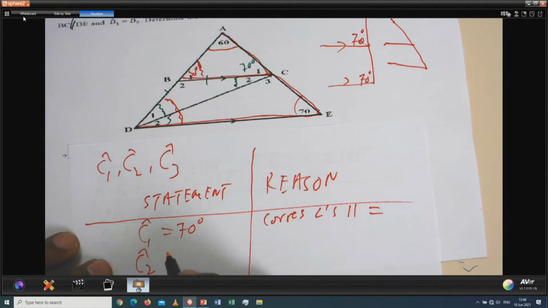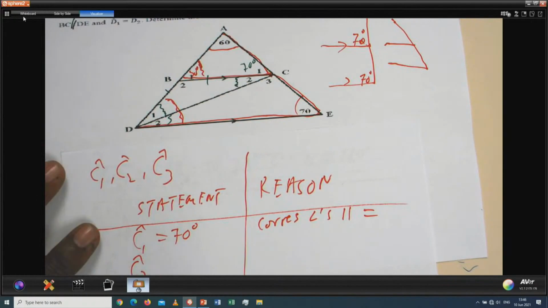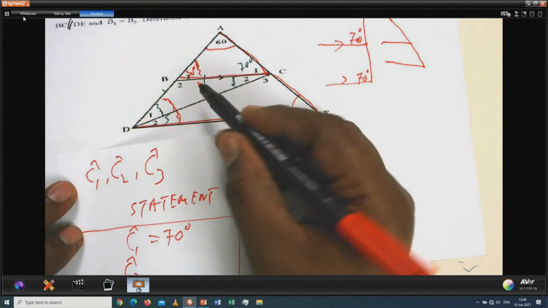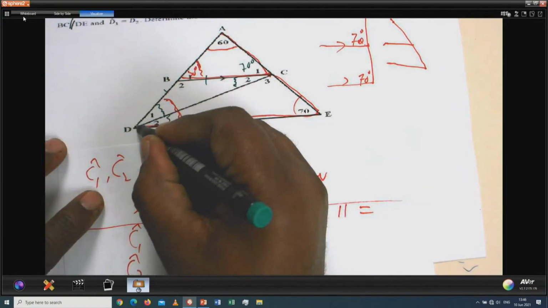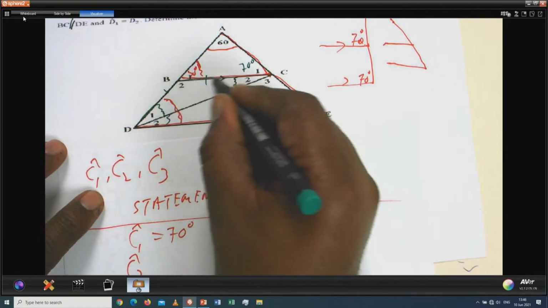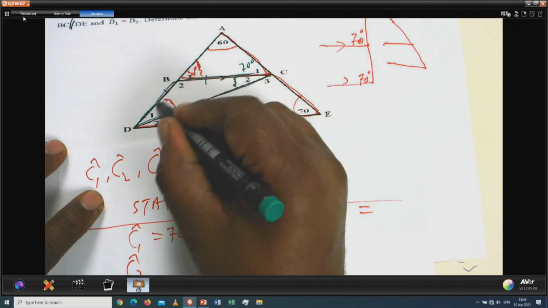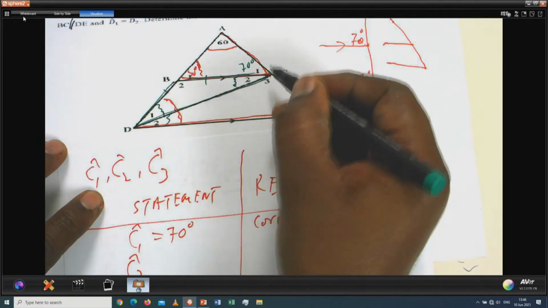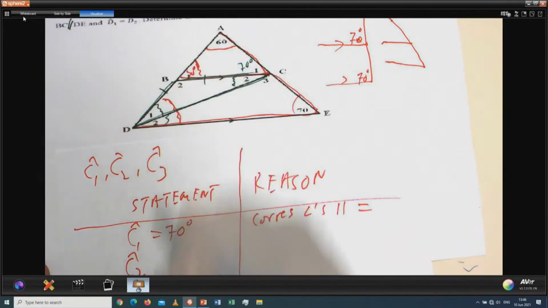C2. We go to the figure. Where is C2? C2 is in this triangle. That's how you do this. And then the relationship. In this triangle, C2 is equal to D1.